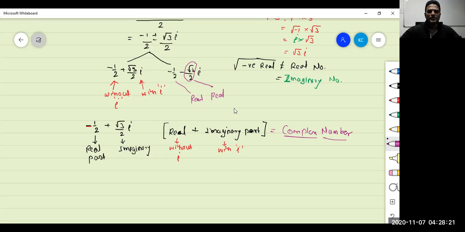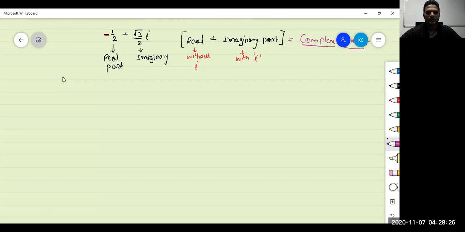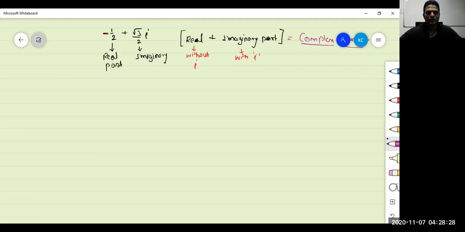So how is it denoted? The complex number is denoted by Z. So Z equal to A plus IB.